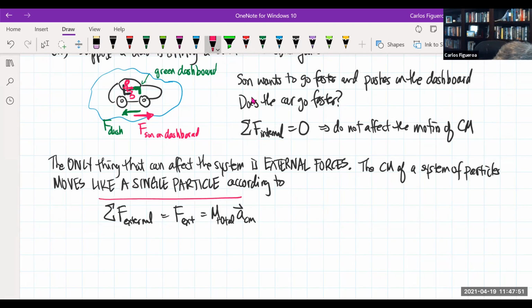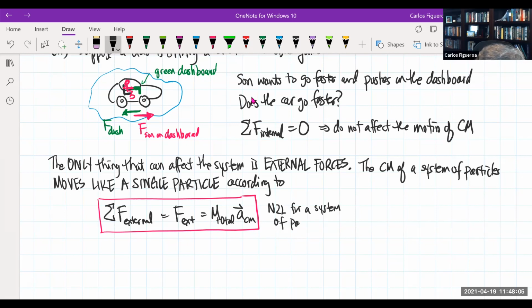This is Newton's second law for a system of particles, right? Of course, in a closed system, okay? But the system has to be closed. But the problem is most systems are closed, right? You're thinking about the son, the kid, and the dashboard in the car. That's a closed system as they're driving down the road.